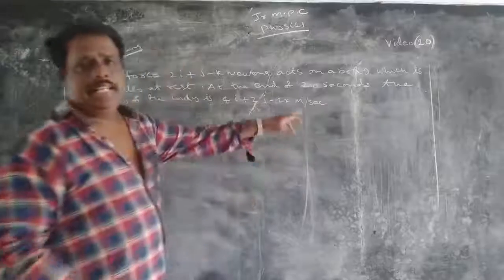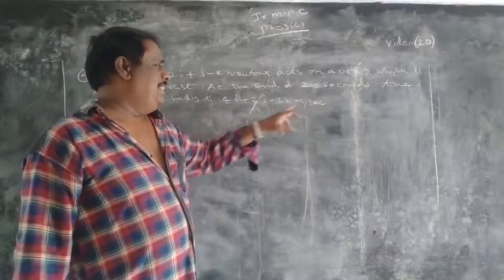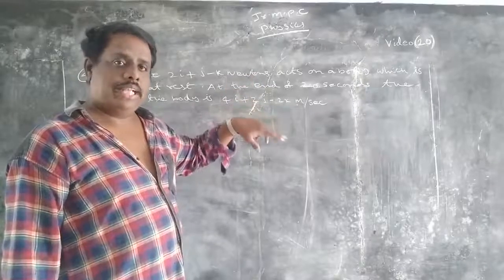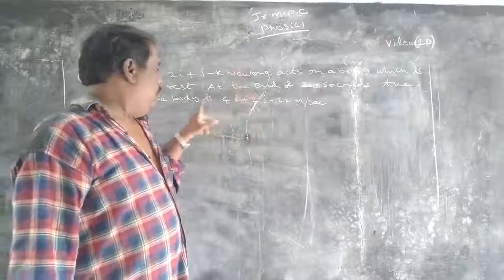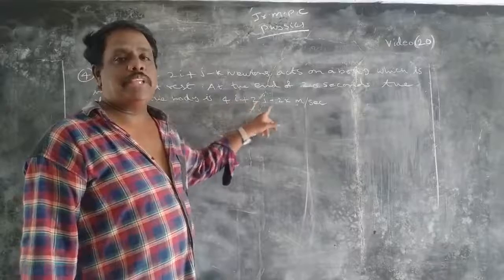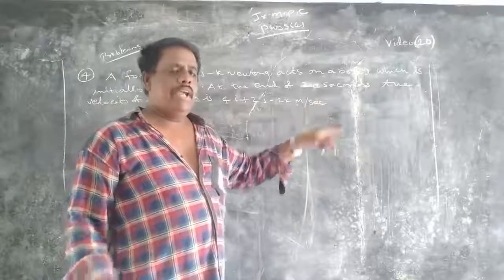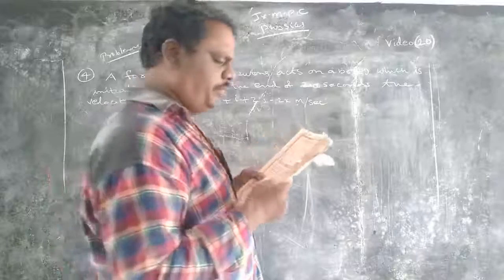The meter per second is the unit for velocity. So after some time, initially at rest, due to the applied force, the body will move with this much velocity. How much will it be? 4i plus 2j minus 2k meter per second.